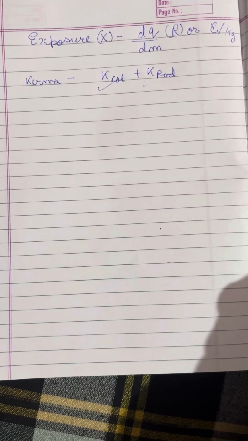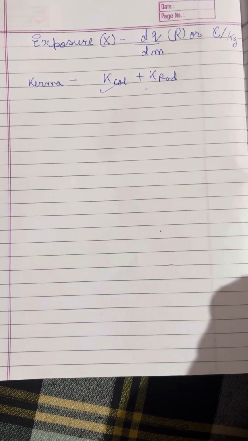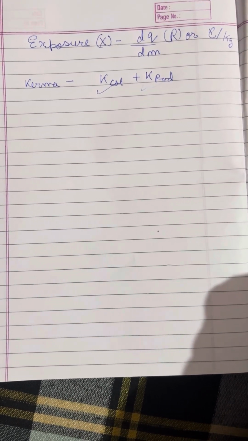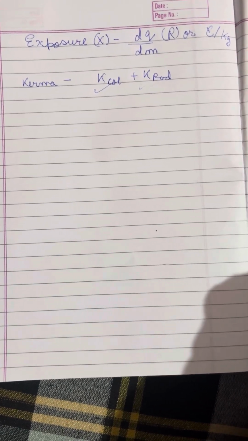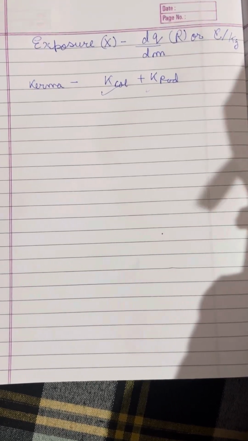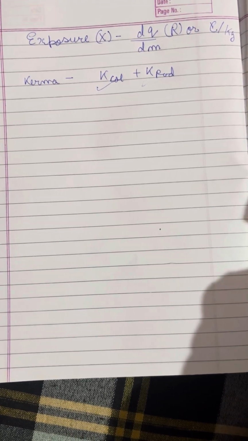Some of that energy is generated through characteristic or Bremsstrahlung radiations. That is radiative Kerma, because that part does not contribute to the patient dose; that energy just escapes the medium.